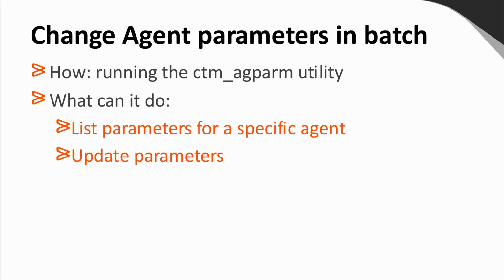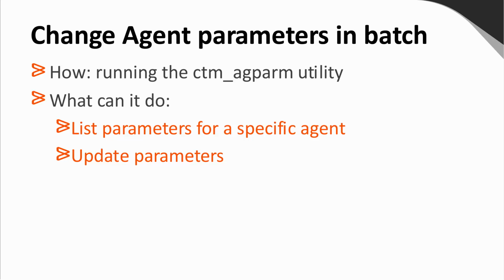Changing agent parameters in batch is another operation that may often be done from the configuration manager. However, there is also the option to do it from the command line with the CTM AG-parm utility. This utility allows you to list the current parameters for a specific agent and then update those parameters from the command line. There's also the CTM AG-defs utility that functions similarly.